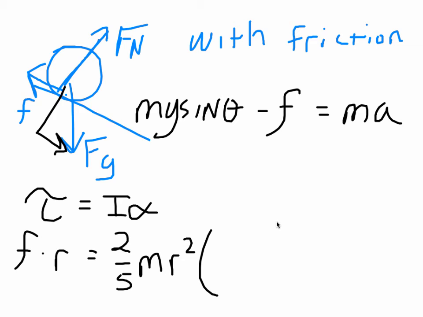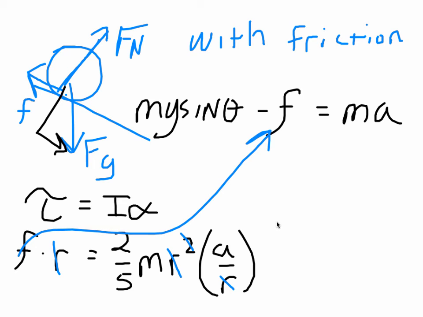And we want to turn our alpha into straight line acceleration, so that's a over r. Again, we can see if anything's going to cancel for us. It looks like one of the radii does, the radius over here from the torque. So the force of friction here is actually 2/5 ma. We're going to put that force of friction back up into our equation and see what that does to our force equation.